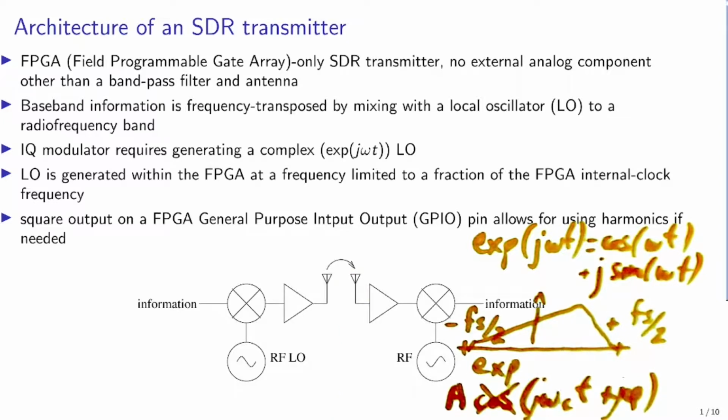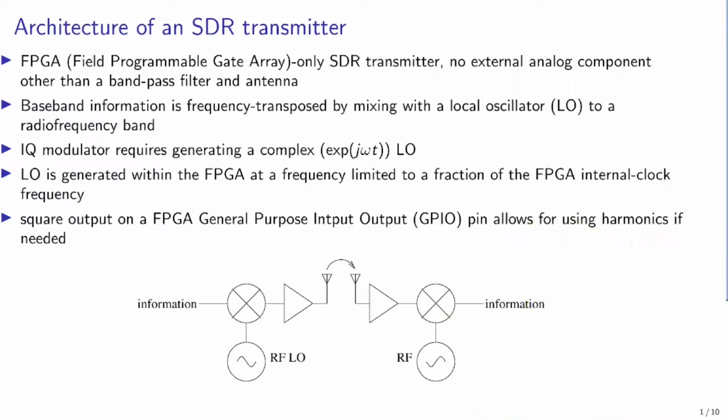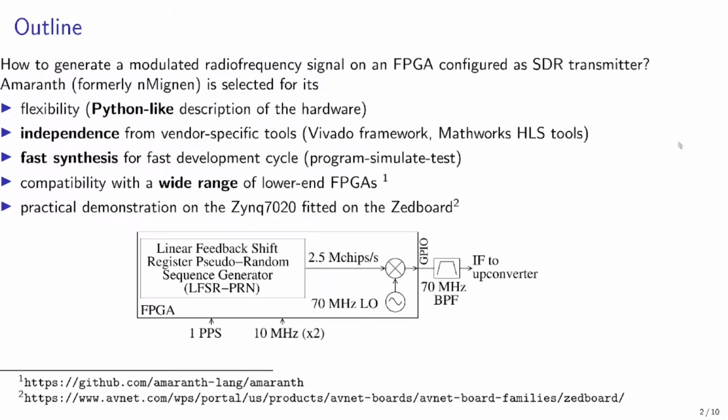So this general outline of radio frequency communication tells us how we're going to address this tutorial. Some of the requirements that have defined our selection of tools is to try to be as independent of a given vendor as possible, so that our work will be valid on any FPGA, any vendor, any brand. That's one of the objectives.